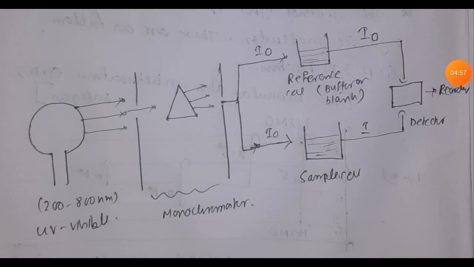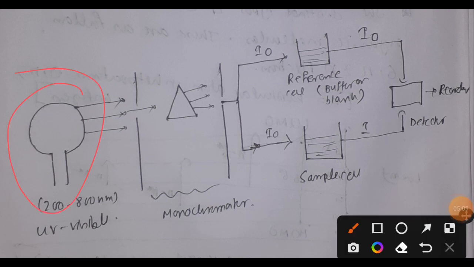So now let's see this picture, a diagram for UV visible spectroscopy that we want to learn. So this is the light source. This light source will provide a polychromatic light. As you can see, there are 3 arrows. From that, our monochromator, which consists of 2 slits and a prism, will allow only one wavelength of light.